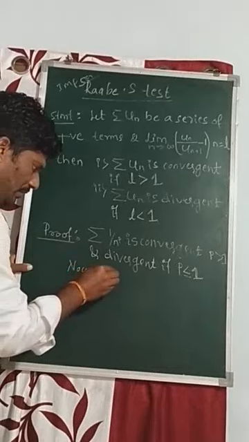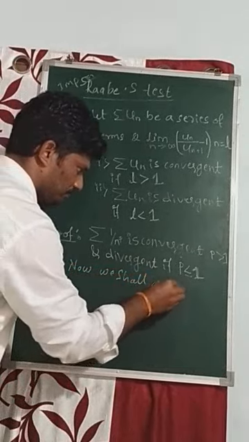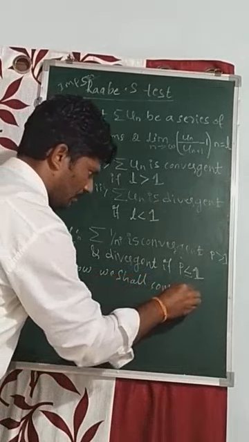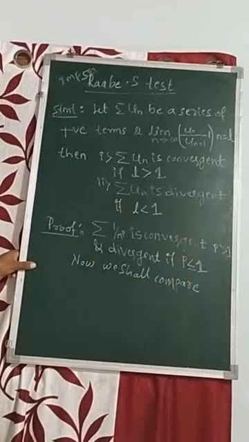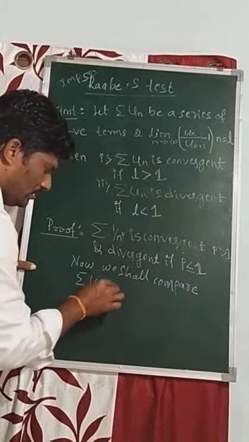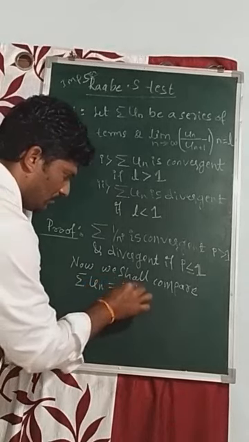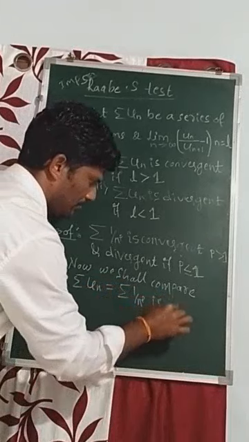Now we shall compare summation of un with the p series. Summation of un is compared with summation of 1 divided by n raised to p, which is a p series.